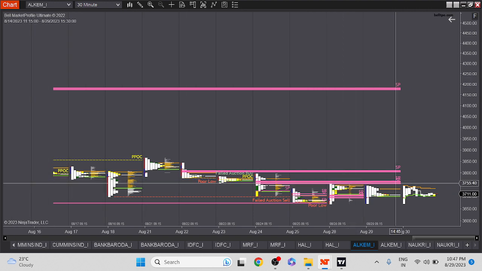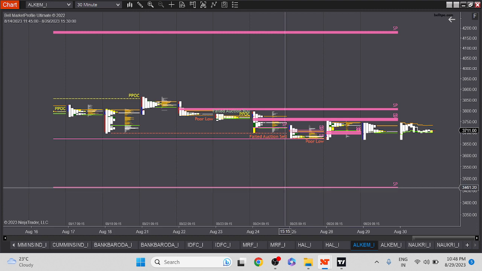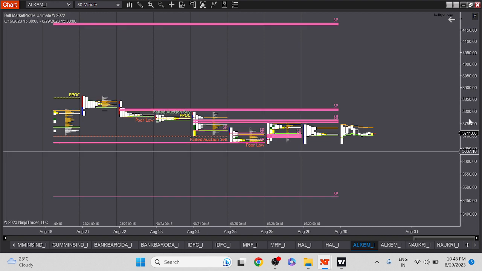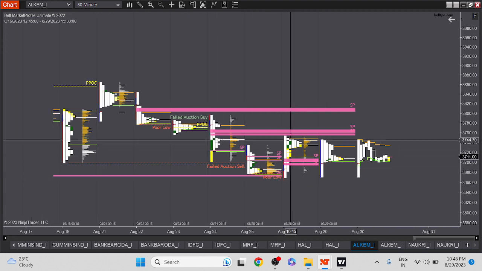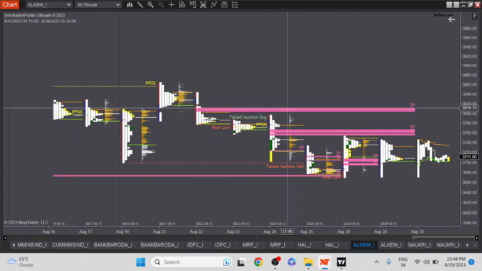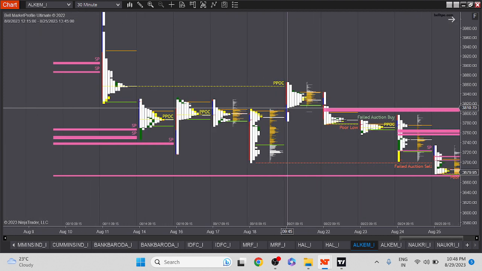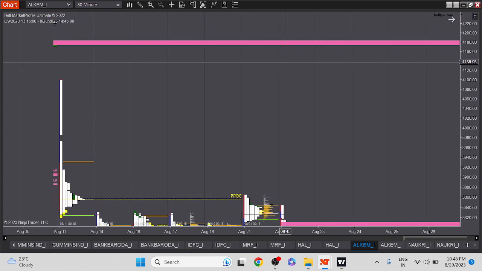LKM also, near a single print only, and the lower single print which would act as a support would be 34.65, and now it is consolidating after a sharp down move from an all-time high. But right now it is at a support, which is 36.72. It took a support. Now it has multiple single prints to cross if it wants to go up. So 38.10 would be a single print that it has to cross, and then it has to cross 39.00 to go for an upper move or upper targets.